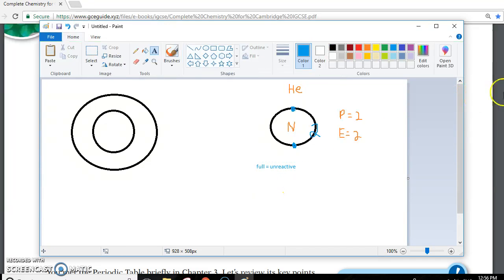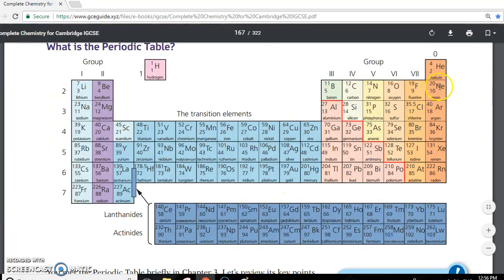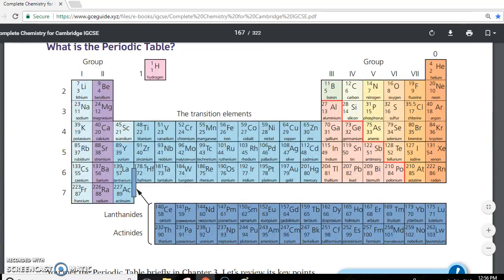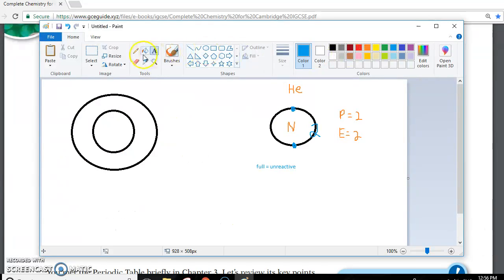Okay, so let's talk about another one. Let's talk about neon. So neon, Ne, 10 protons. So this is neon. And we've got 10 protons, which also means we have 10 electrons.